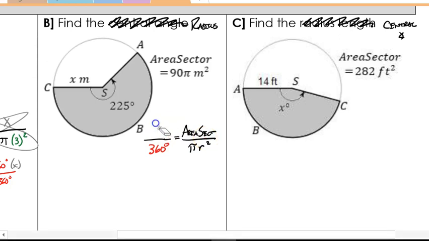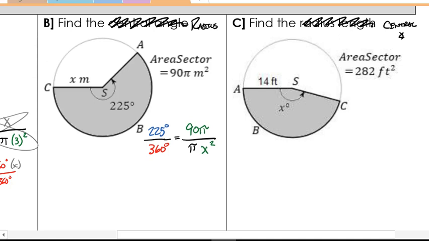Here we're given the degree measure, 200 central degrees. In this case, we're given the area of the sector, which is listed as 90 pi meters squared. We're actually trying to figure out what the radius is going to be. Radius x is my unknown, which is listed there as squared.